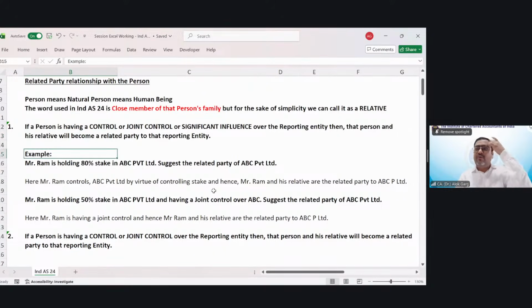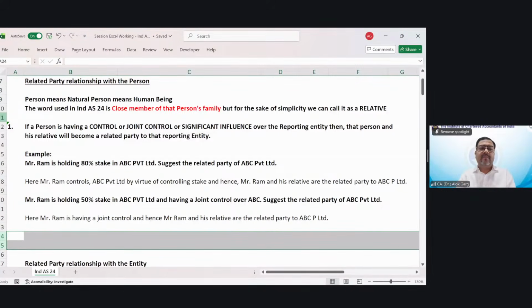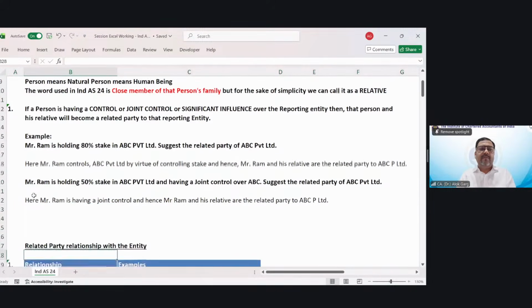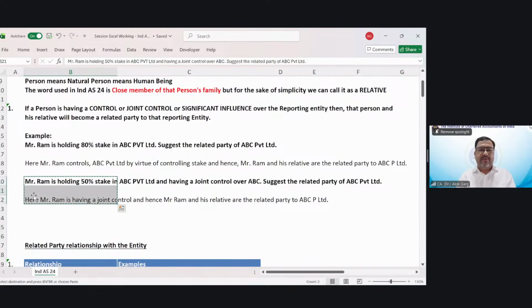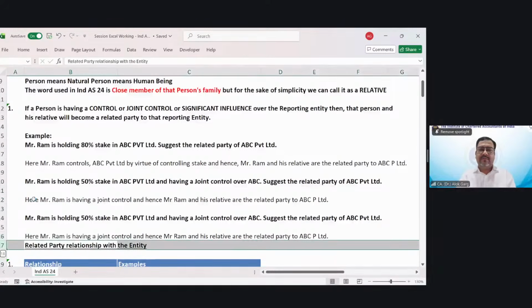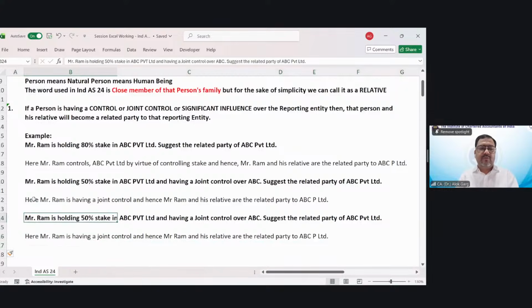This control, joint control, significant influence, these are the concepts of consolidation also. So another example, Mr. Ram is holding 25% stake in ABC Private Limited and having a significant influence over ABC.